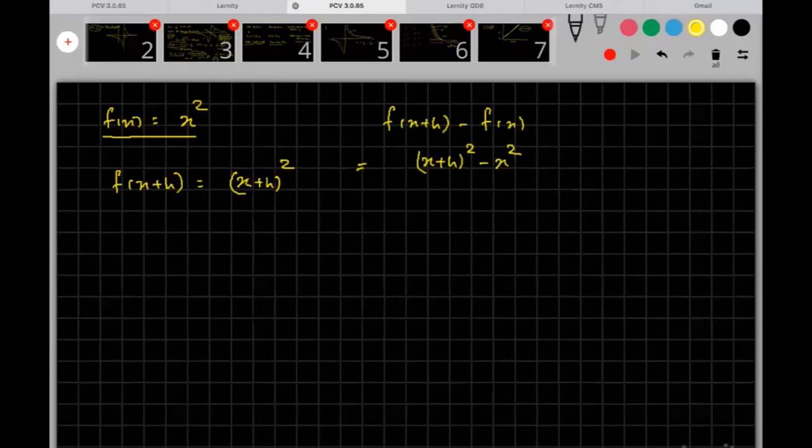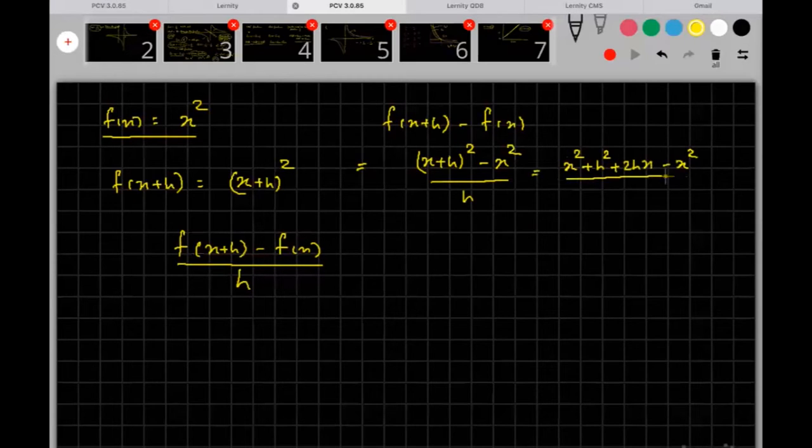Now suppose I am asking you, can you find out f of x plus h minus f of x divided by h? So it is this divided by h. So can I say this looks like x square plus h square plus 2hx minus x square, all divided by h? Do you see that these two get cancelled?